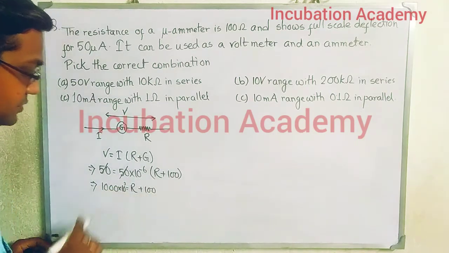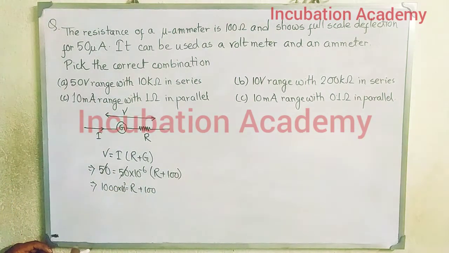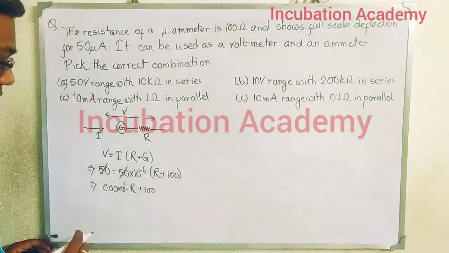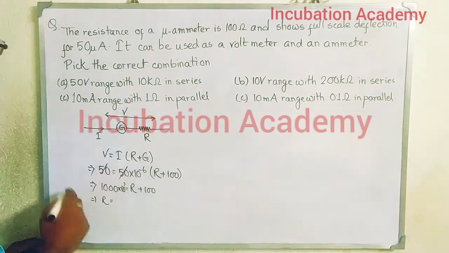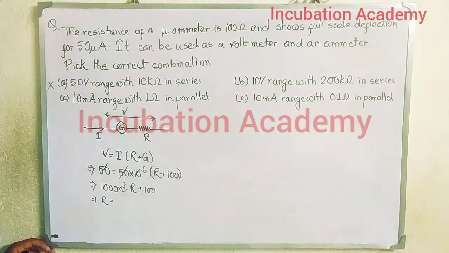If you subtract 100 from here, it is not possible to make it 10 kilo ohm. So the first option A is not correct.